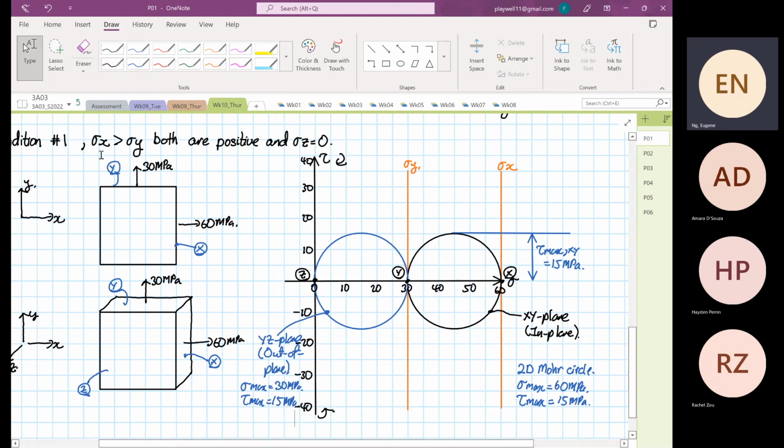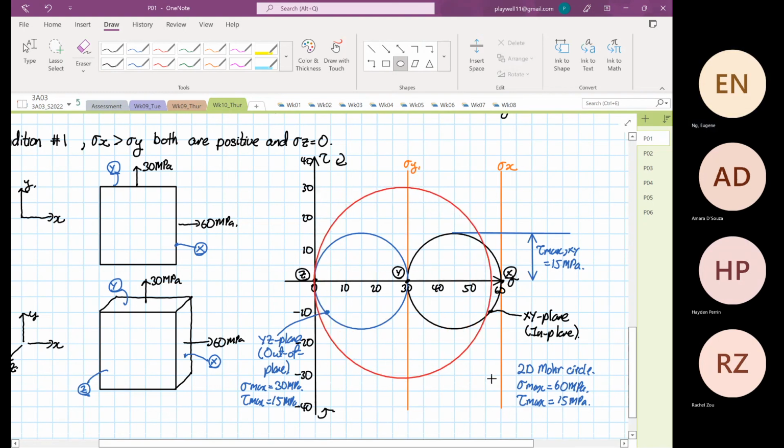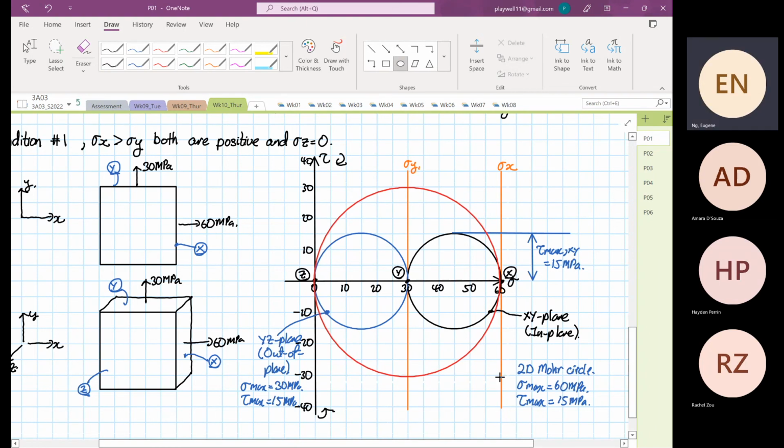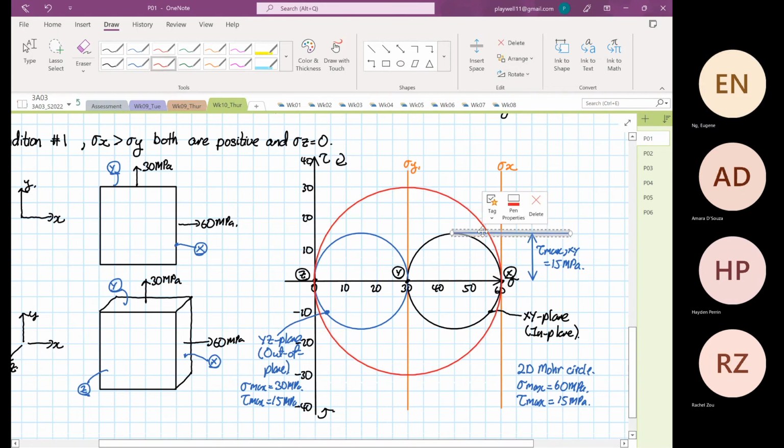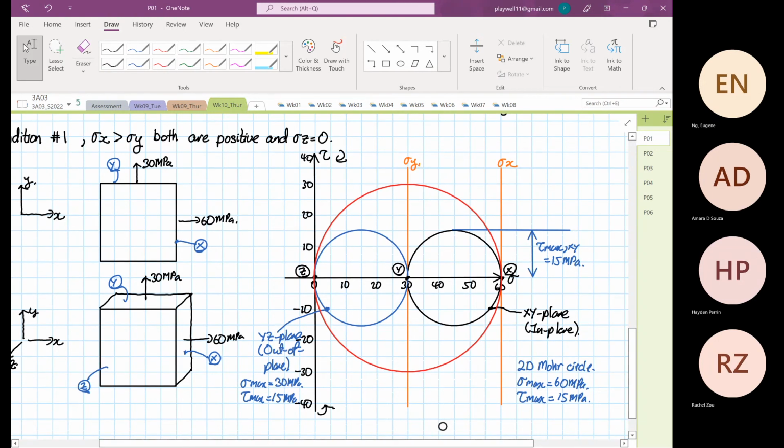Okay. Now the issue comes when we draw the third circle. Okay, so we're going to draw the third circle now. And I should not have chosen 30 and 60. Okay, I should have chosen some other numbers, but this is okay. This is the third circle. And this third circle over here belongs to your XZ plane.